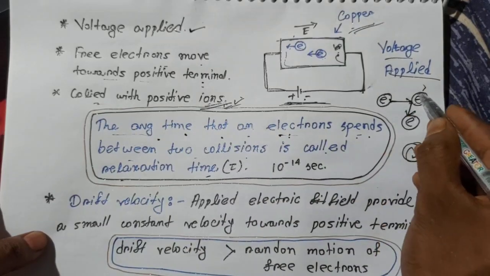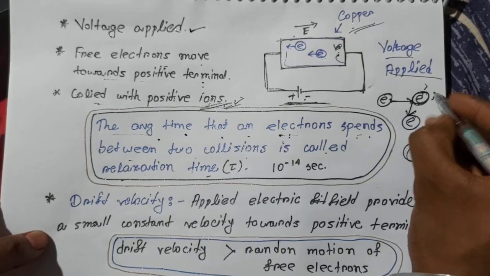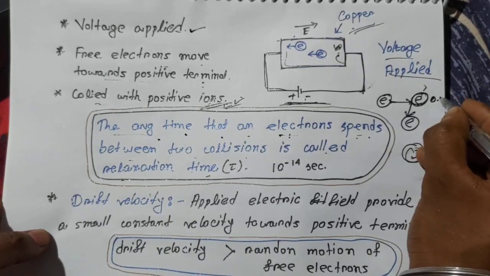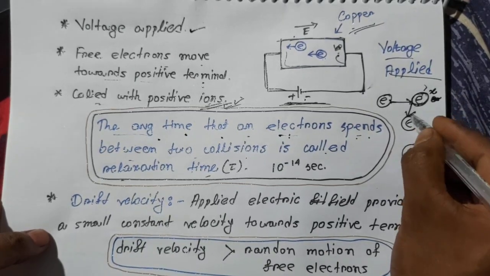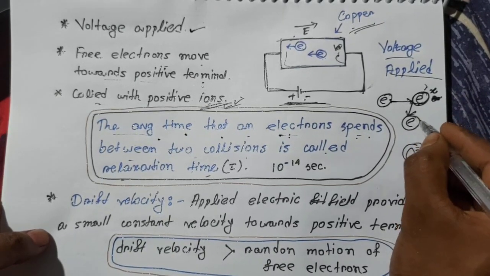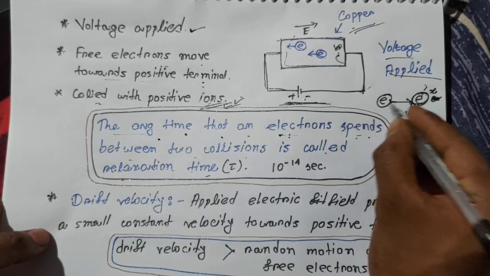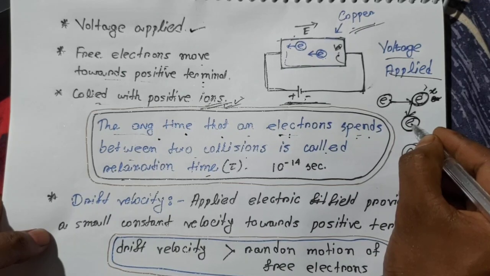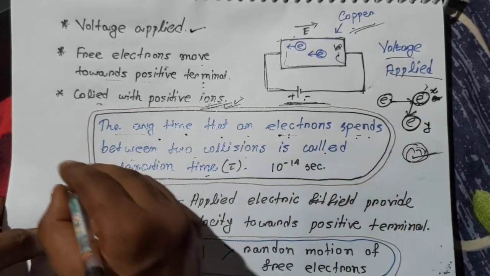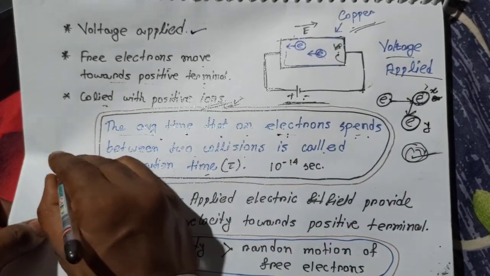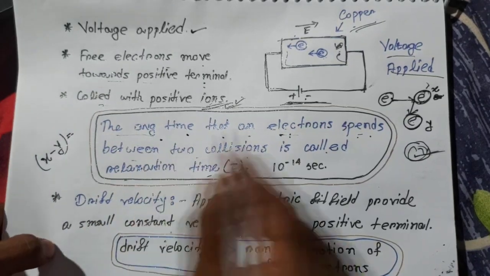This electron collides here, suppose at time x second, then after a few seconds it collides again with this electron at time y. So x minus y is the time between the two collisions.